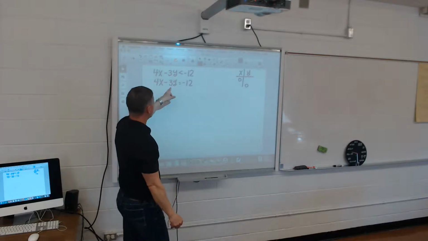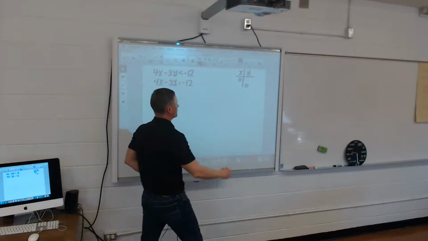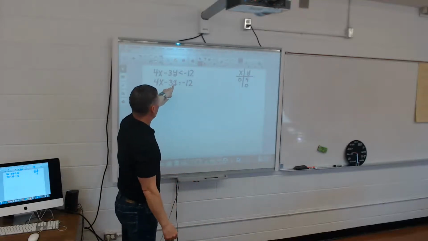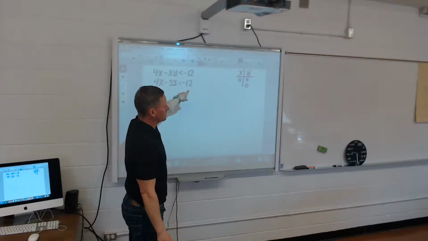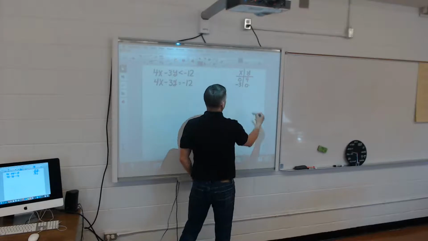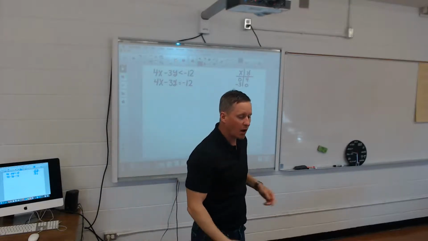So 0 in for x leaves me with minus 3y equals negative 12. Y is equal to 4. So that would be my y-intercept. Put 0 in for y. 4x equals negative 12. X equals negative 3. So I have two coordinates I can graph. All right, that's one way to do it.